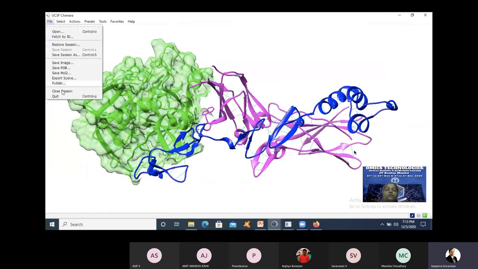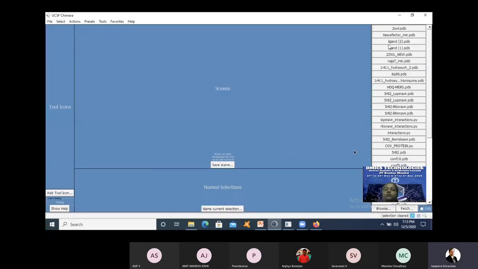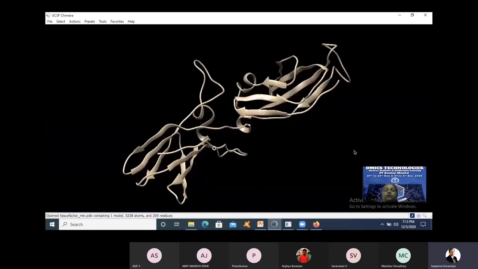Another feature of this software is, so I'll just clean up the workspace. So suppose I have two proteins. So I have the tissue factor which I wanted to dock. Now this is only the tissue factor.